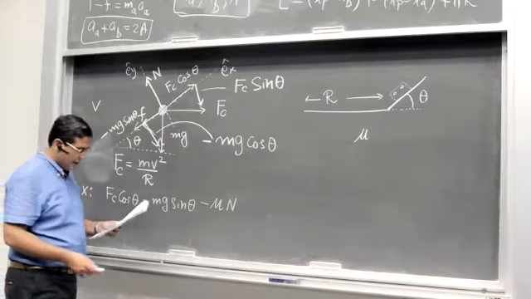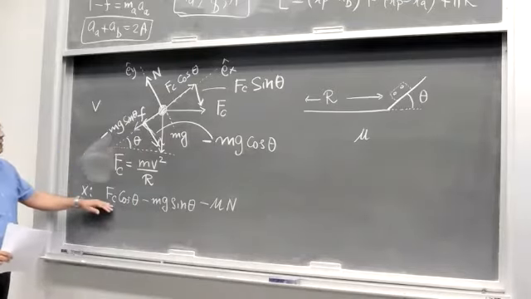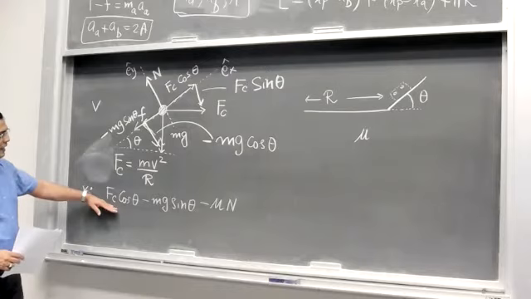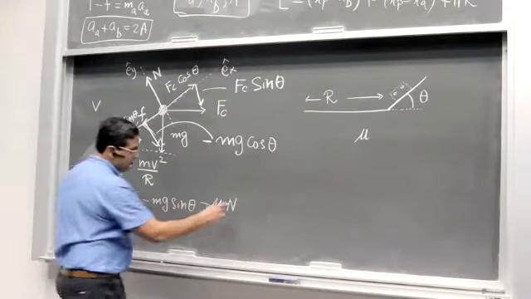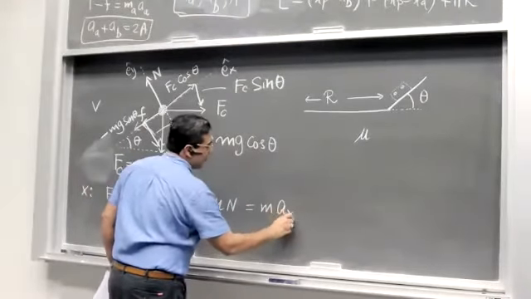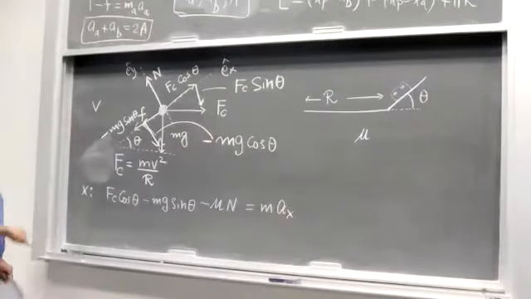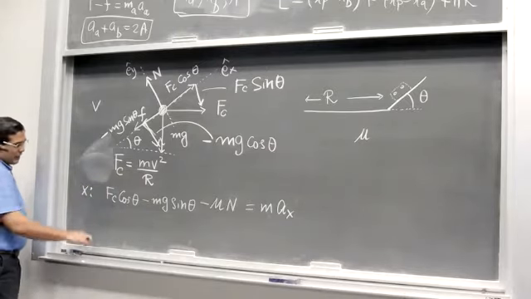Mu n equals, so I have three forces. The centripetal force, or the centrifugal force, if you like, is an action-reaction pair. And then you have the weight, and then you have the friction. Equals acceleration in the x direction along the surface of the ramp. Okay. Now, can I substitute two quantities here? What is Fc? mv square over r.